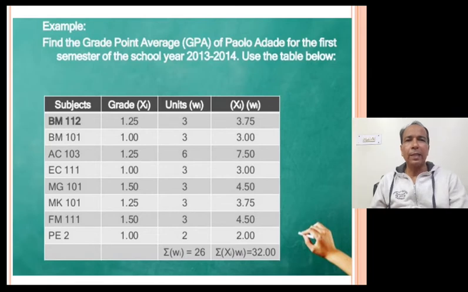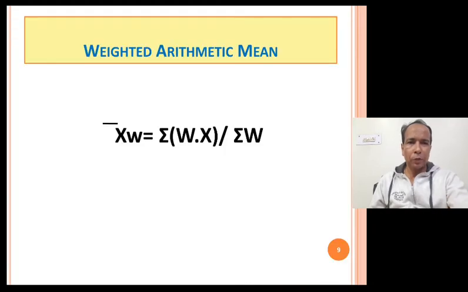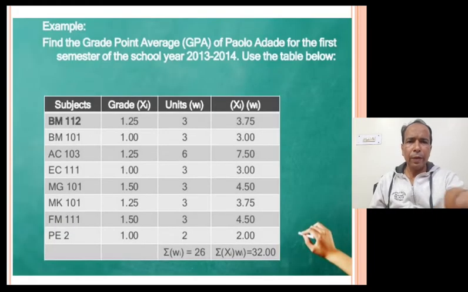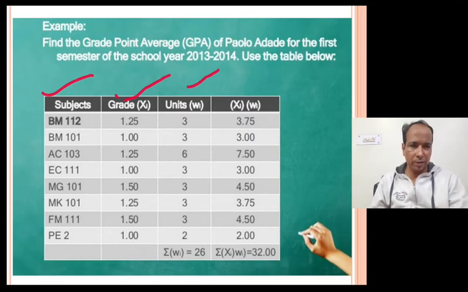Here we can see the example. Find the grade point average, GPA, of Paulo Arrayed for the first semester of the school year 2013-14. Use the table below. These are given to you: the subjects, the grades in every subject, and the weight, that is the unit.